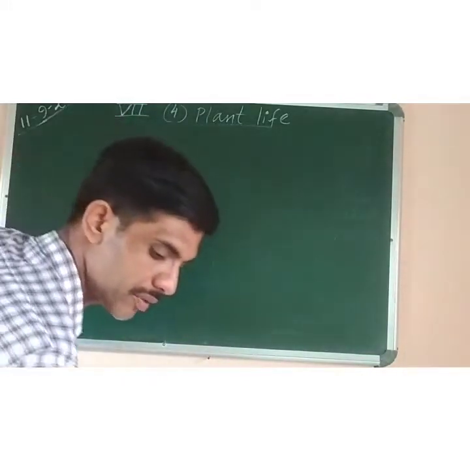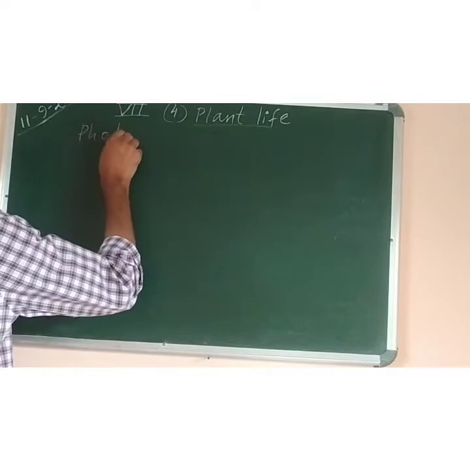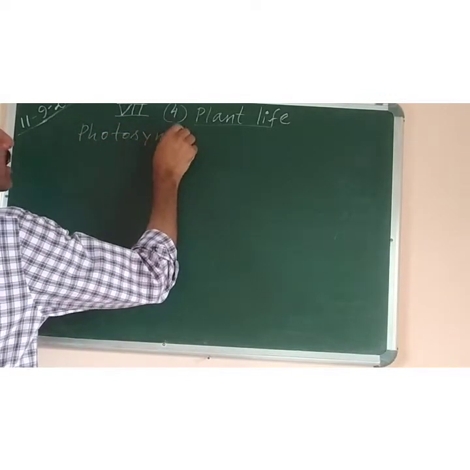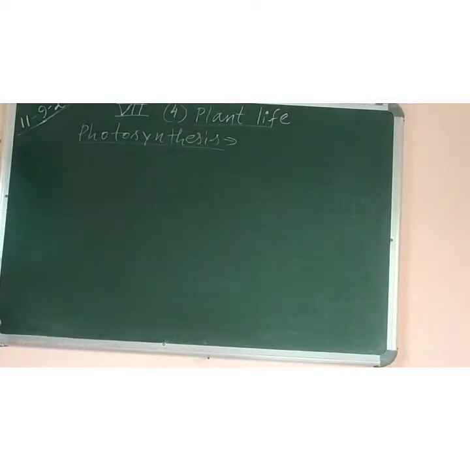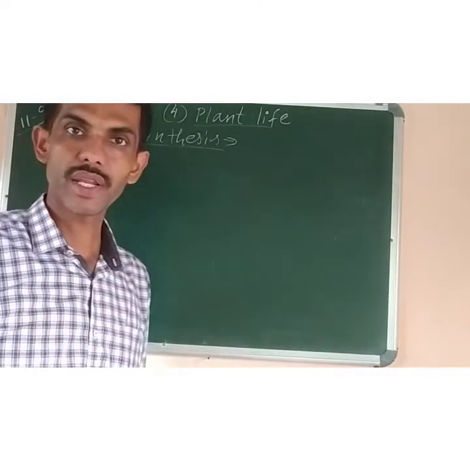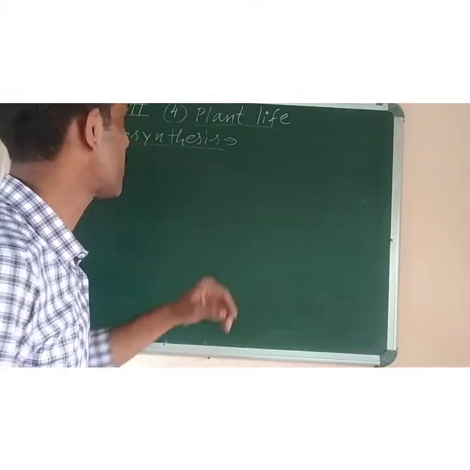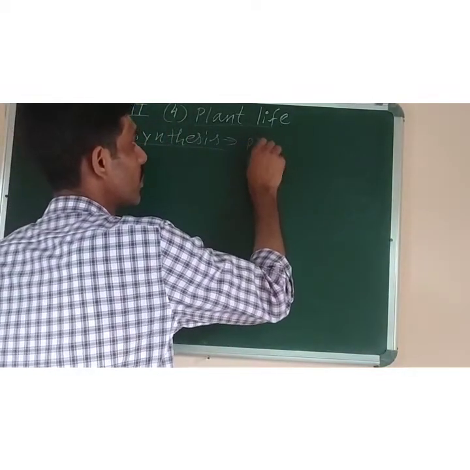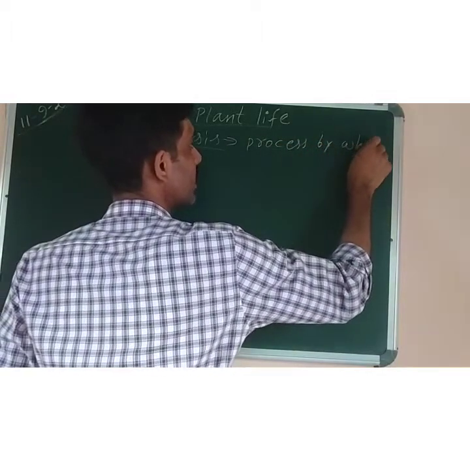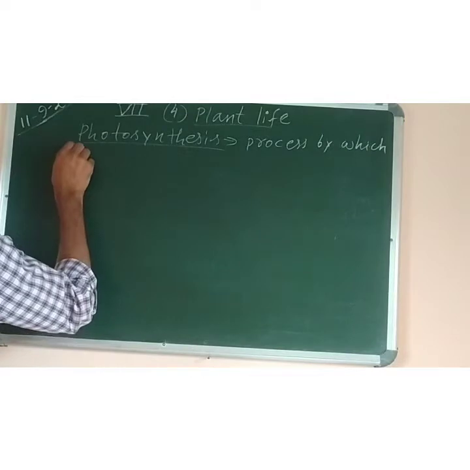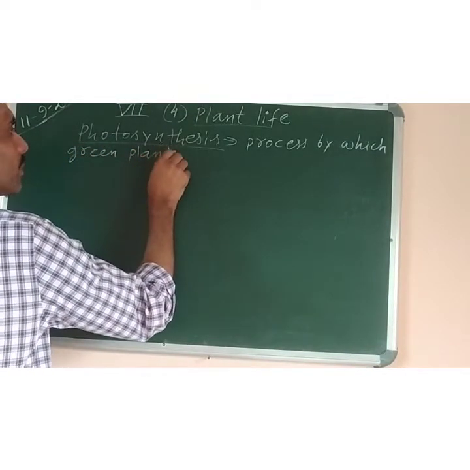In order to make the food, plants need certain raw materials, which are carbon dioxide, water, and they need chlorophyll. So what is photosynthesis? The process by which green plants make their own food.